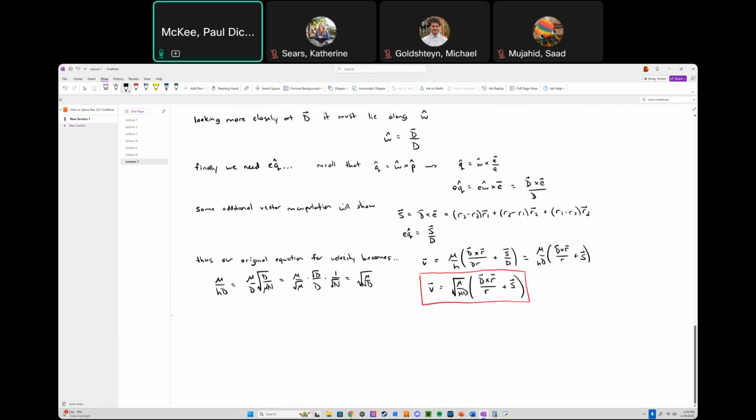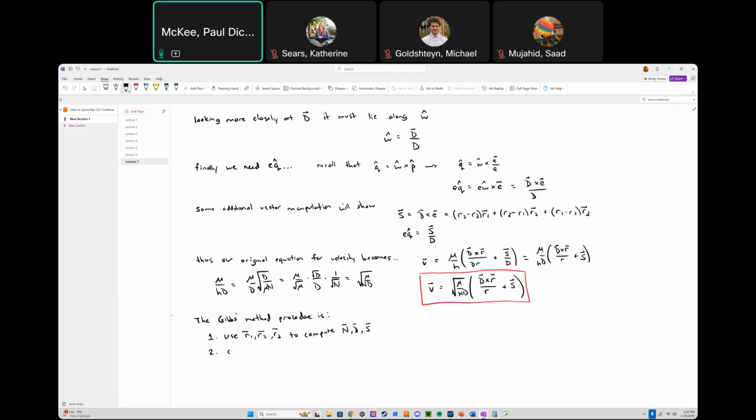So the Gibbs method procedure is step 1: use R1, R2, R3 to compute N, D, and S. Okay.